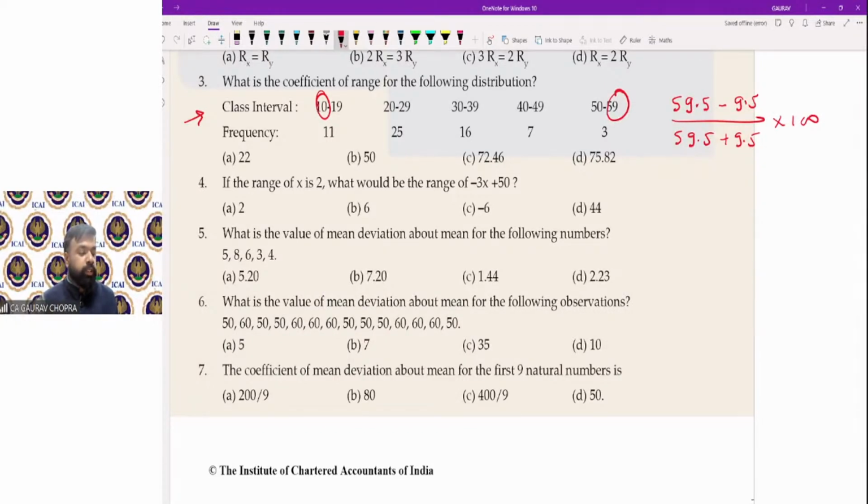Now check the result. So final result will be how much? 72.46.